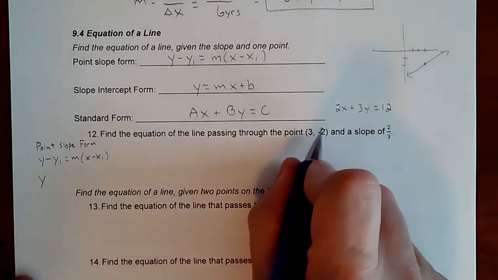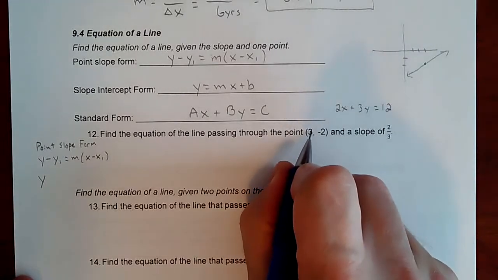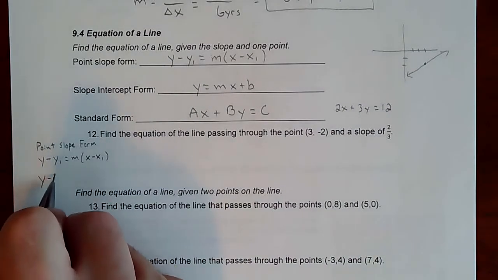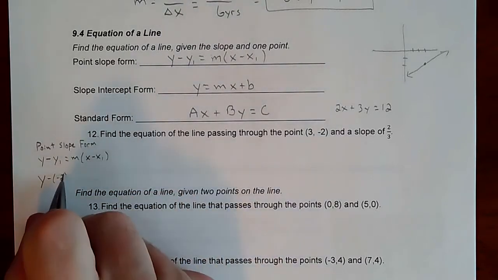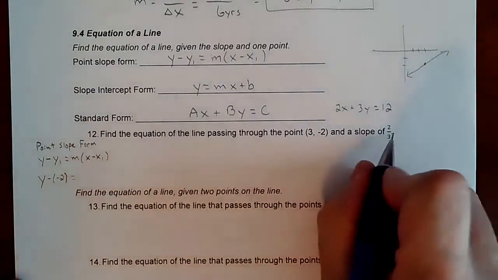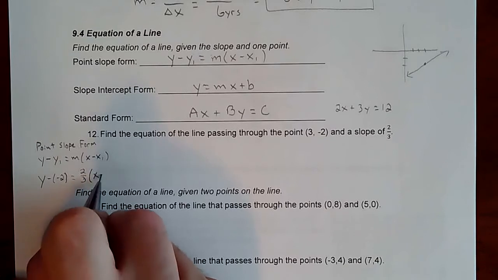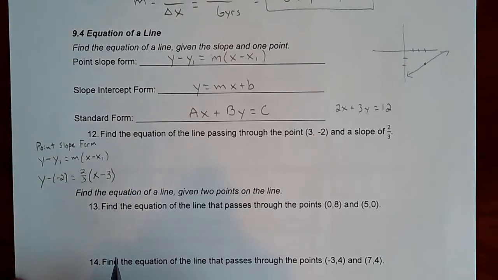Your x1 and y1 come from the point. So this is our y1, so it'd be y minus -2, equals your slope, 2/3, times x minus the x value, which is 3.